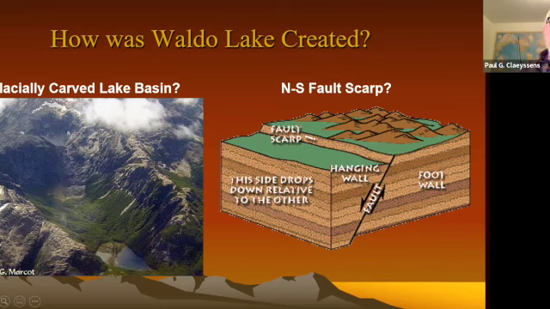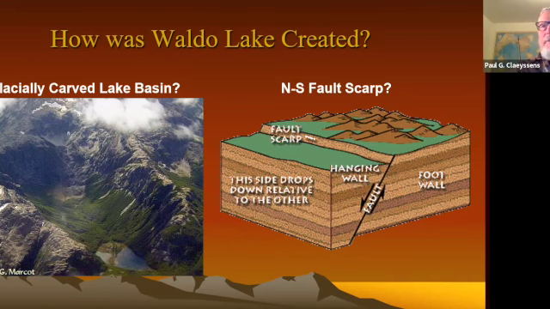The current thinking is that it was definitely glacially formed, and there are remnant glacial features on some of the mountains to the south of Waldo Lake, and some on the east side.